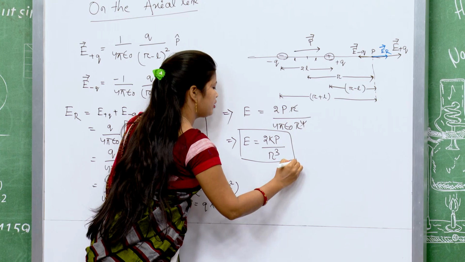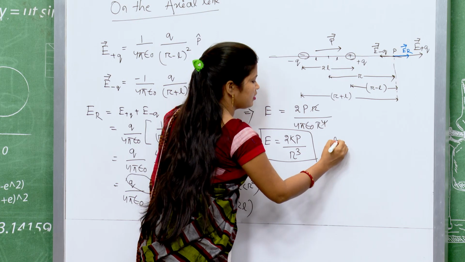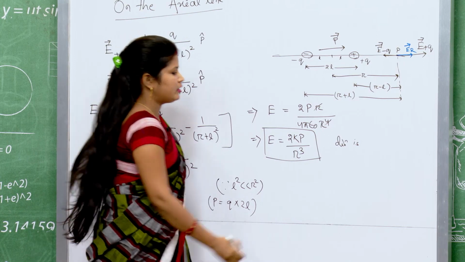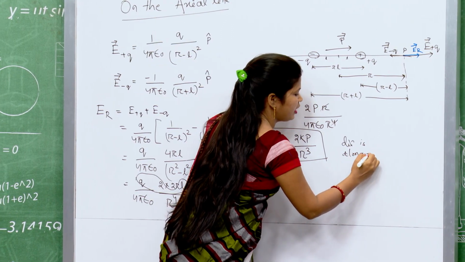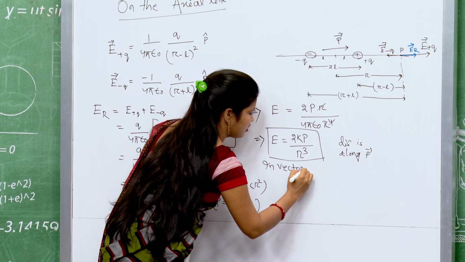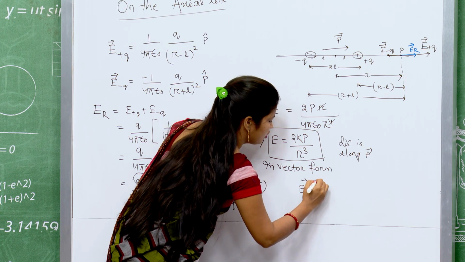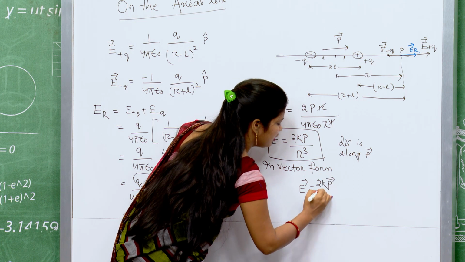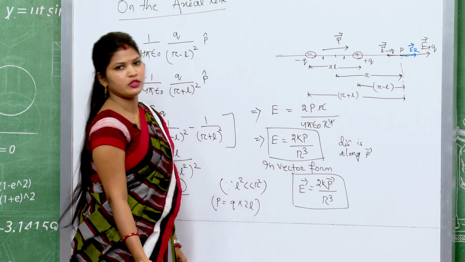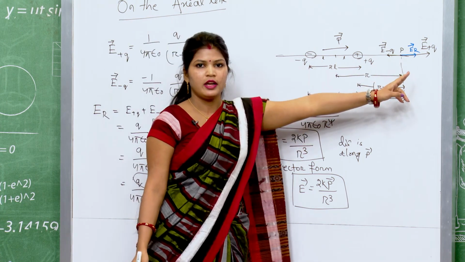This is the magnitude of electric field intensity, and the direction is along p vector. The direction is along the dipole moment. So, in vector form, E vector is equal to 2 k p vector upon r cube. This is our final expression. So, the direction of electric field is along p on the axial line of dipole.